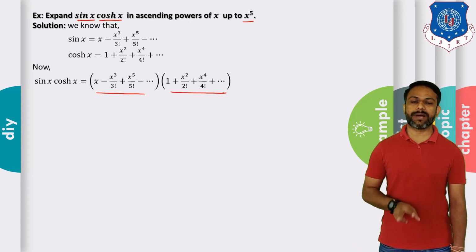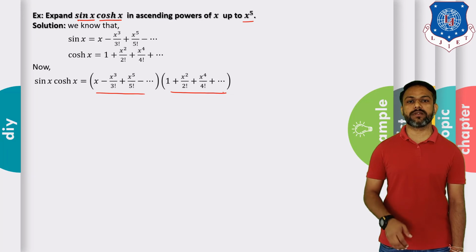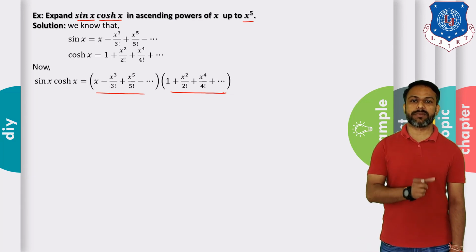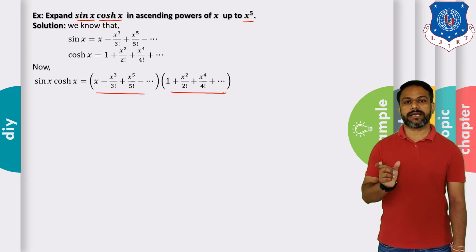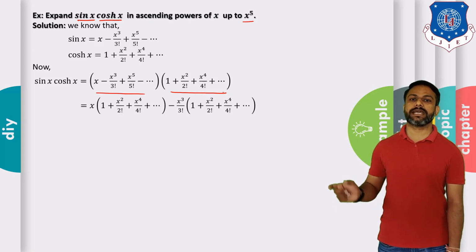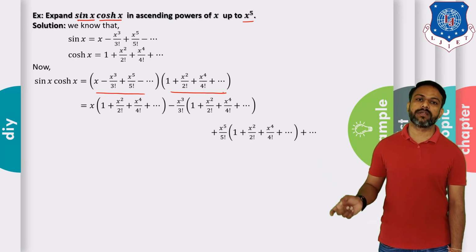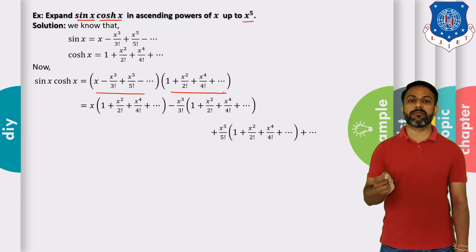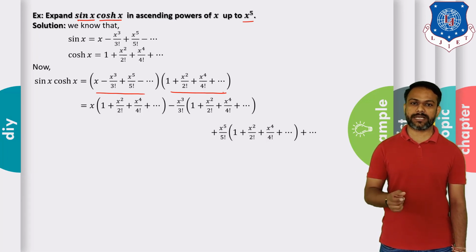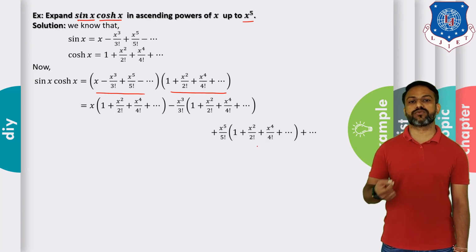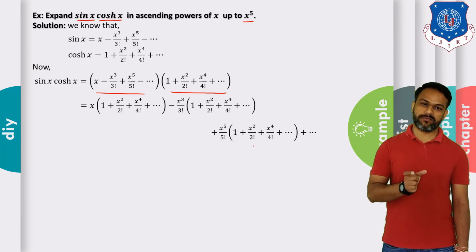Now how will we simplify these two brackets? First take x and multiply with the second bracket, then minus x cube by 3 factorial multiplied with the second bracket, plus x raised to 5 by 5 factorial multiplied with the second bracket.